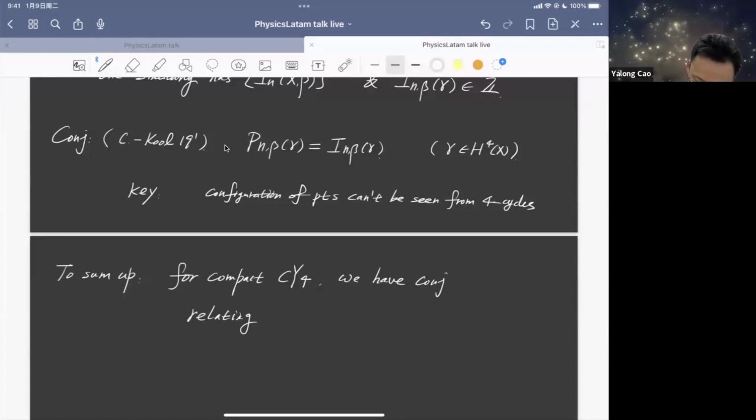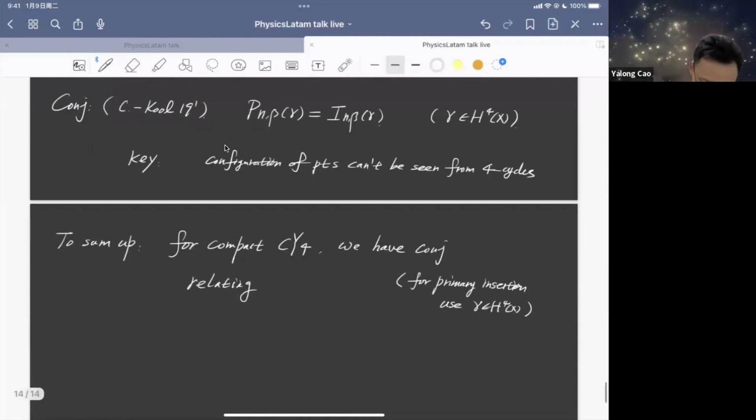This conjecture is for relative invariants with primary insertions, which means we use 4-cycles and the first non-trivial Chern character. Anyway, this is a little bit technical, so you can ignore this part.